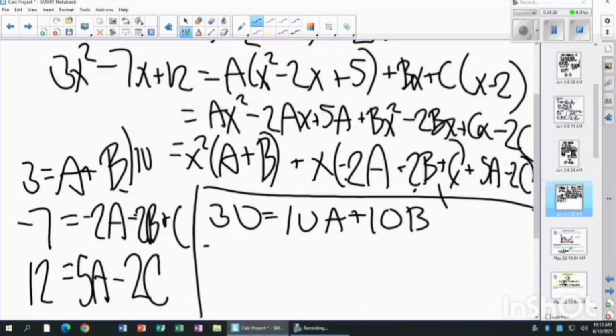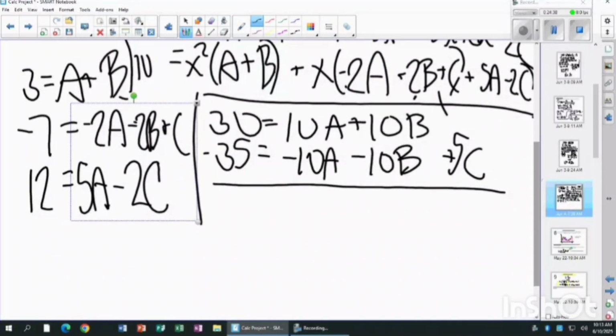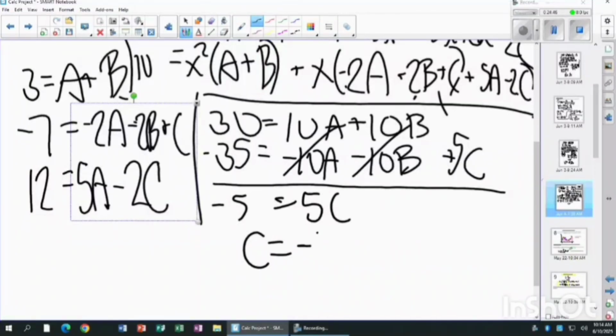So we have negative 35 equals negative 10a minus 10b plus 5c. And then let's solve that. So negative 5 equals, these will cancel, equals 5c. C equals negative 1.